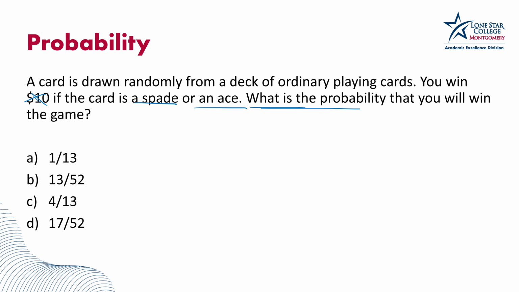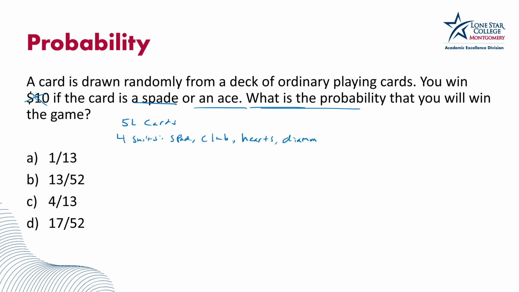So there's a couple things you think about. First things first, a standard deck of cards consists of 52 cards, and they're split into 4 suits, and that being spade, club, hearts, and diamonds.